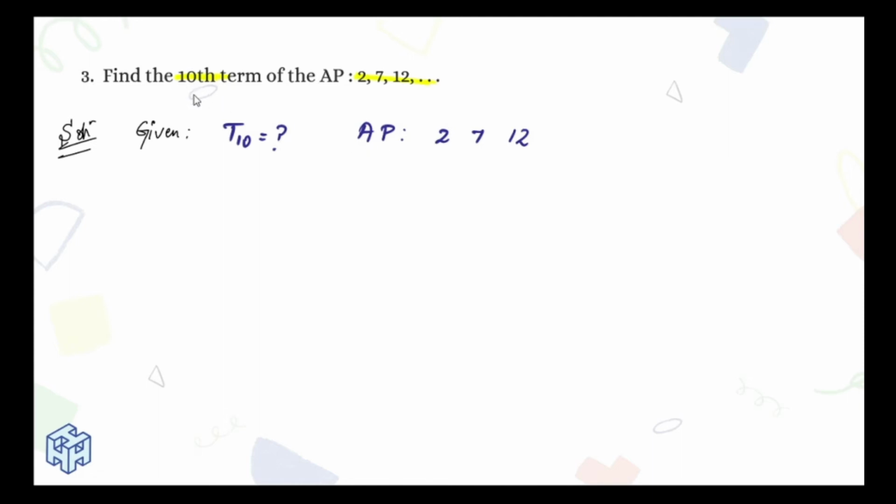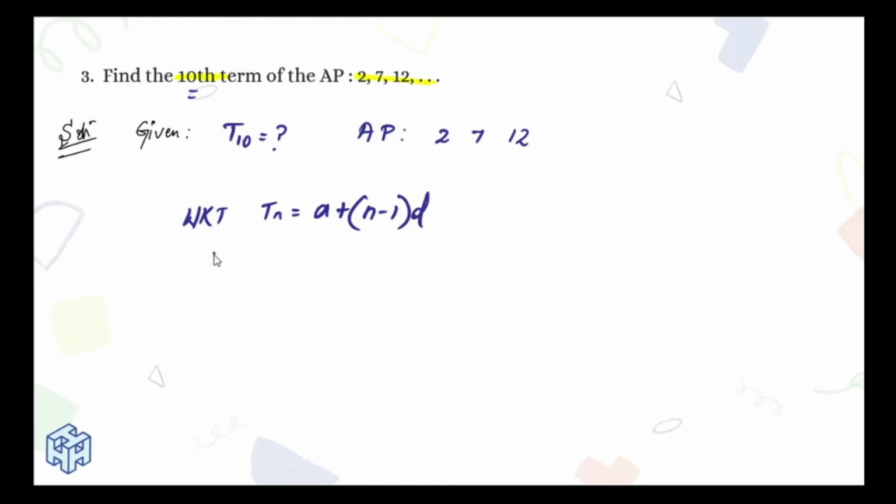Since they have asked for the 10th term, we'll just go with our formula, because that is the easy way to find the 10th term rather than finding the whole sequence by adding the difference between terms. It takes a long time, right? So now we know that the formula for Tn is equal to A plus n minus 1 into D, right?